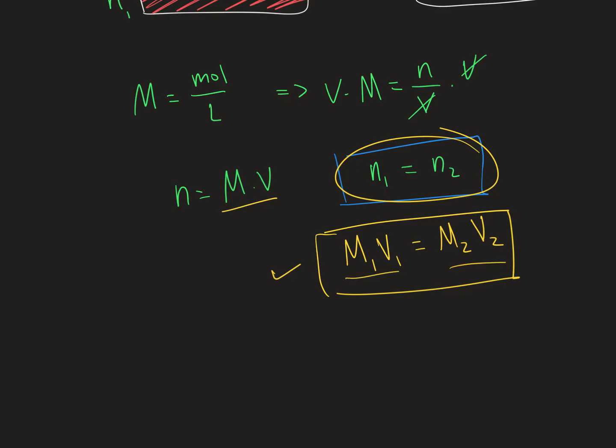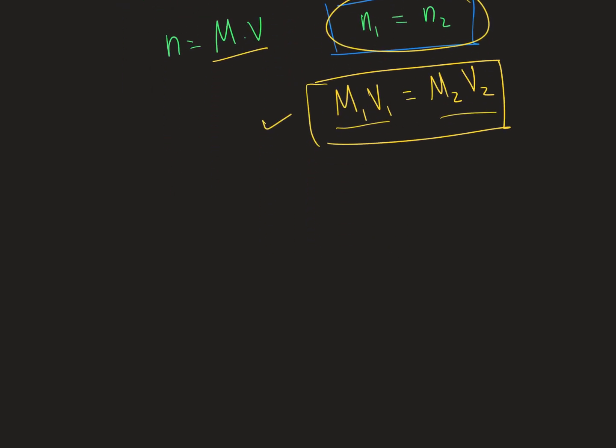So the product of the concentration and the volume stays the same during dilution only. This is only when we dilute something.